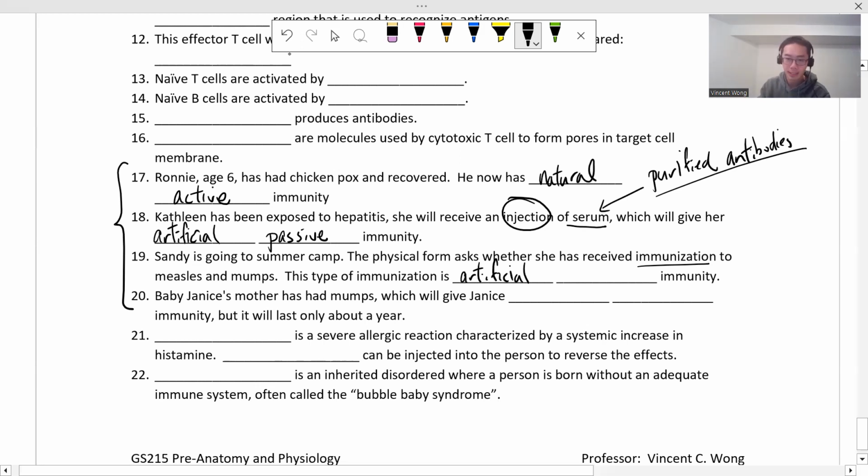Active. The injection contains dead viruses that will educate your immune system to prepare for the real thing. You still have to make the antibodies. That's why after receiving a vaccine of any sort, you might experience some fever.